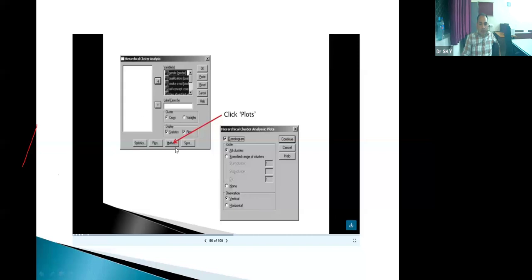Now go to Method, and one by one we will explore every option there. Go to Plots, and there you click on the dendrogram.